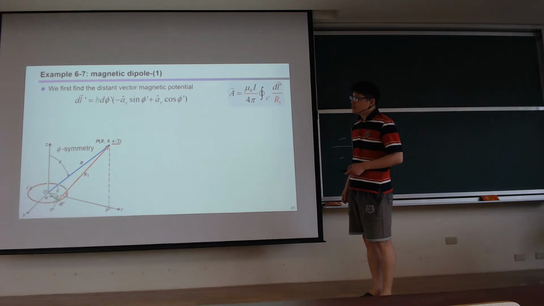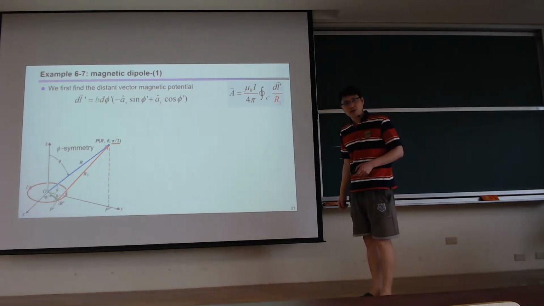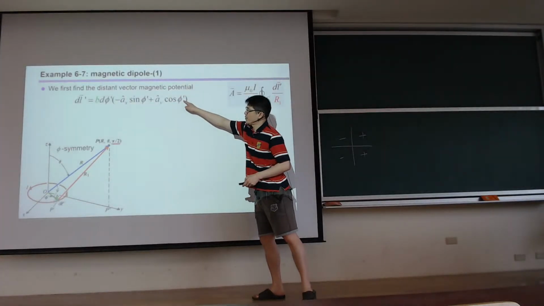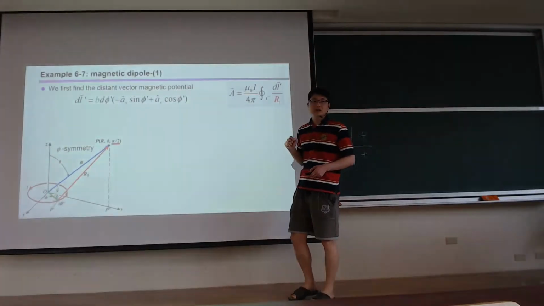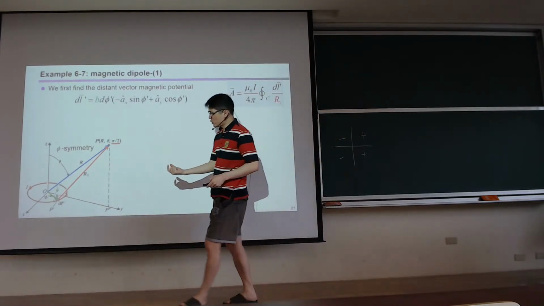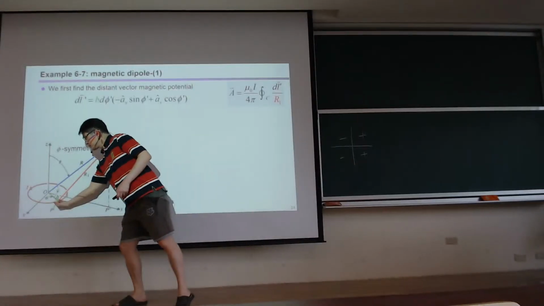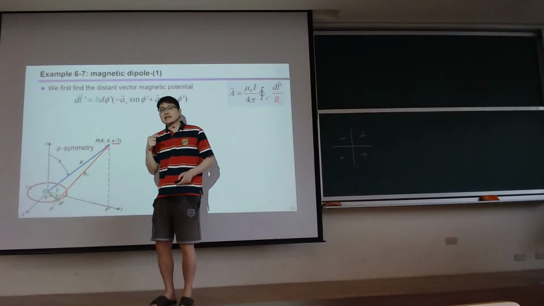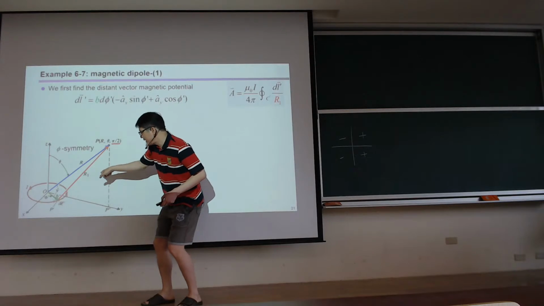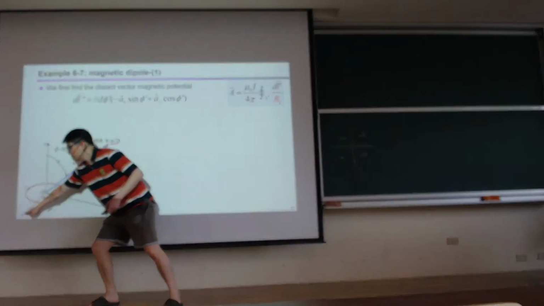So this is the moment where you have to think, well, do I want to put everything into my closed loop integration? Which means for each differential segment, it actually contributes to two components. One in the negative x direction. This is x, right?